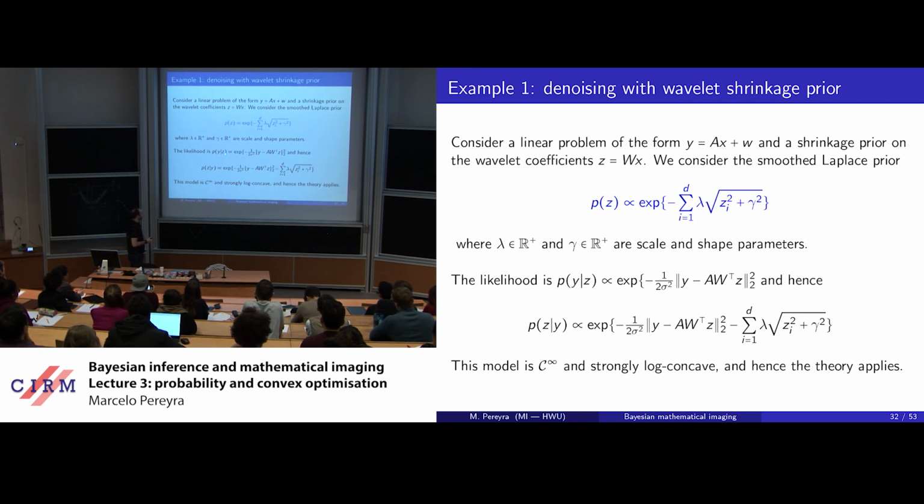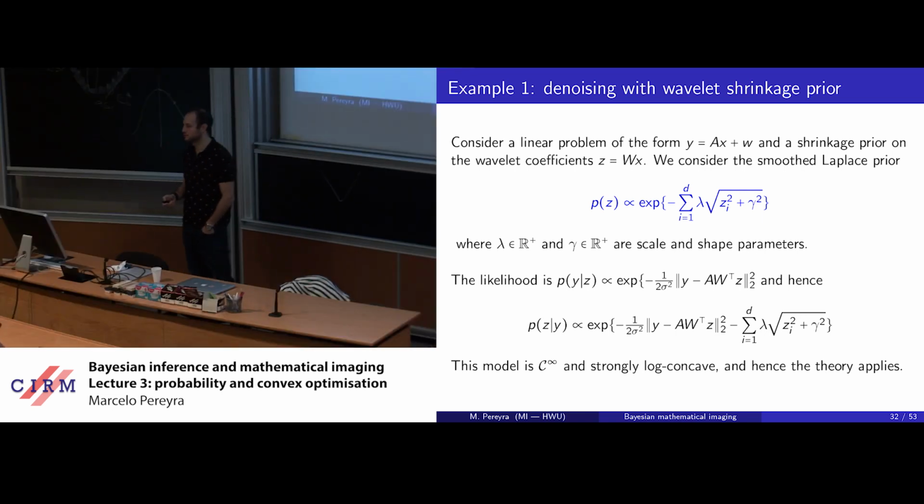And the likelihood is going to be a quadratic likelihood that I can write down with respect to wavelet coefficients by adding the inverse wavelet transform there. And then I have a posterior distribution that is quite trivial. There is a quadratic term, and then there is this pseudo L1 term there. And I use this model for my illustration because it is infinitely differentiable and strongly log-concave. So my theory will survive.